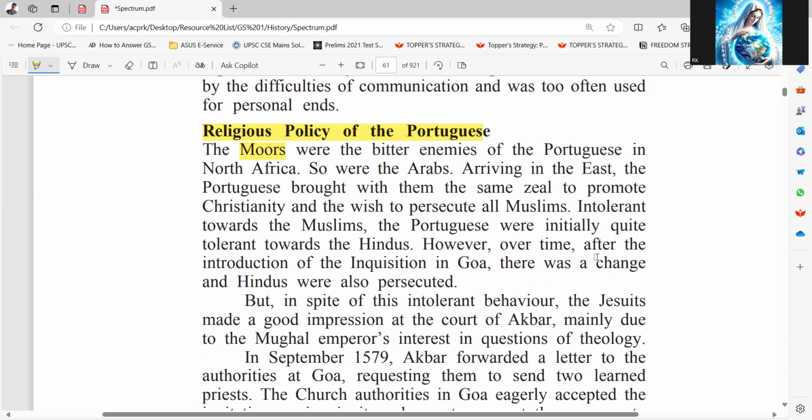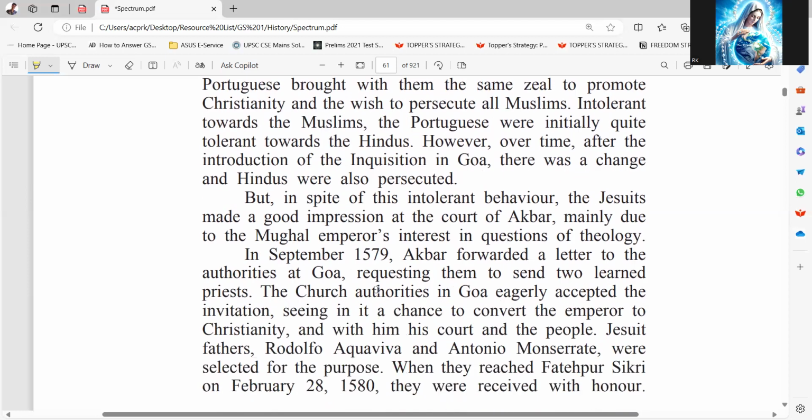However, over time, after the introduction of the Inquisition in Goa, there was a change and Hindus were also persecuted.